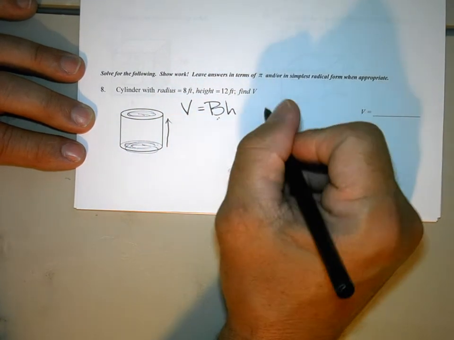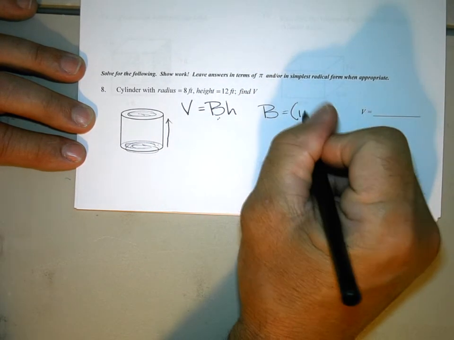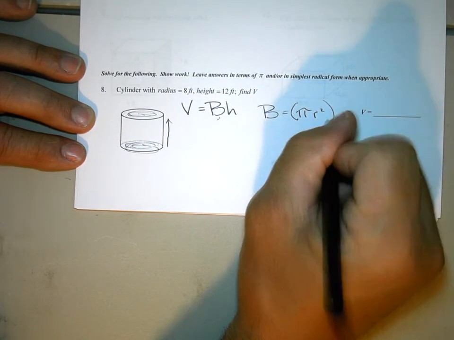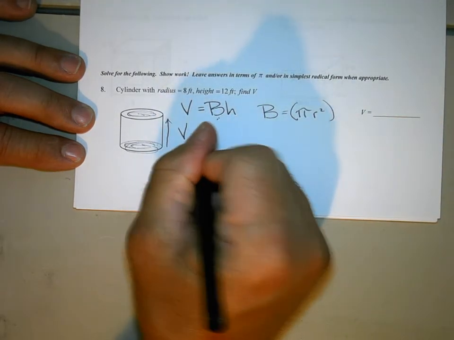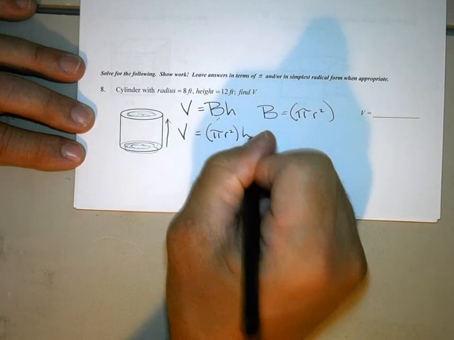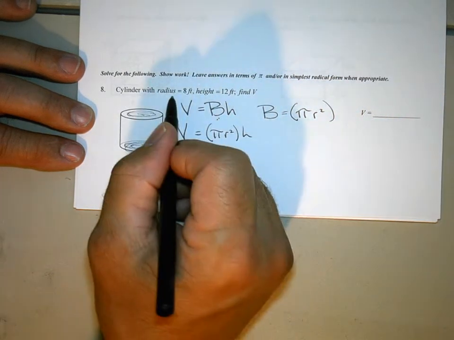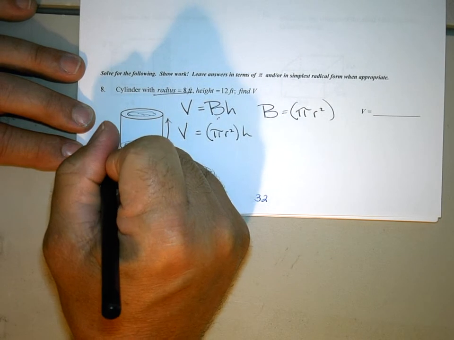So big B in this case, how do we find the area of a circle? Well, big B equals pi times radius squared. So the volume, we could write it out as pi times radius squared times height. All right, let's see what we got. We have a radius of 8 and we've got a height of 12.